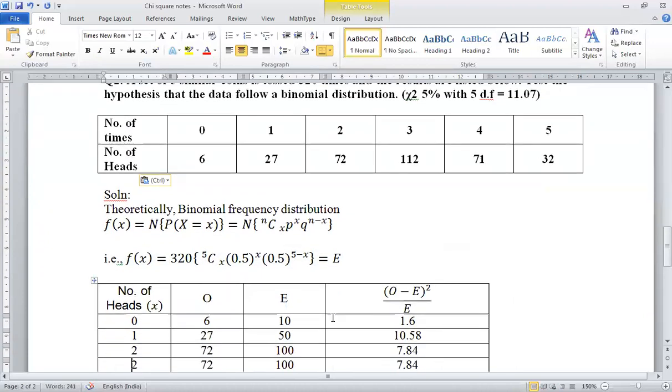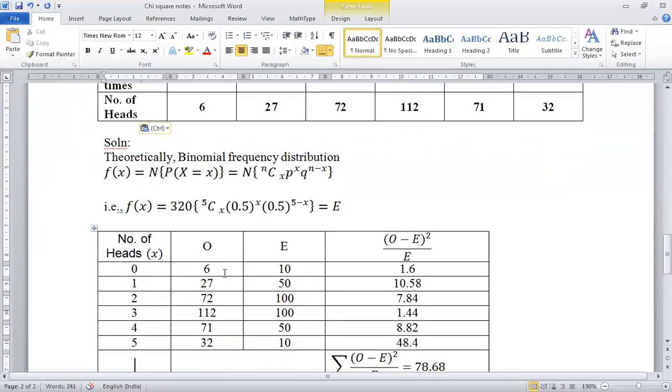Now let's construct the table. Observed frequencies are already given in the problem. For expected or theoretical frequencies, we need to substitute x equal to 0, 1, 2, 3, 4, and 5. The corresponding values of f of x, or E, we get as 10, 50, 100, 100, 50, and 10.